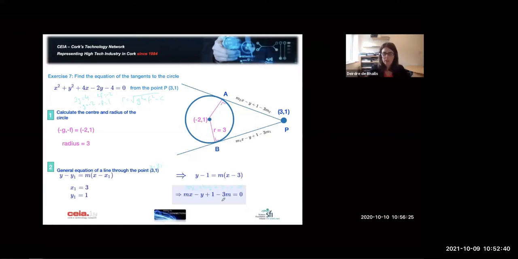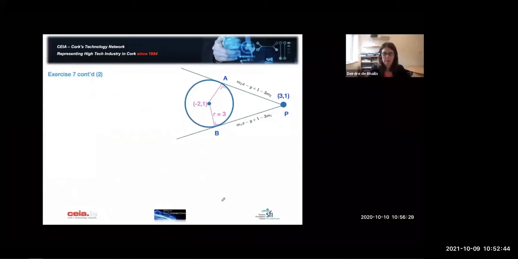So we're going to need to work out those slopes. This is where it's so important to know that if we can calculate the slope of the radius, then we're going to be able to calculate the slope of the lines as well.